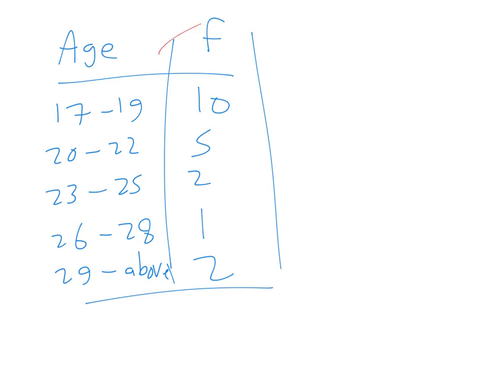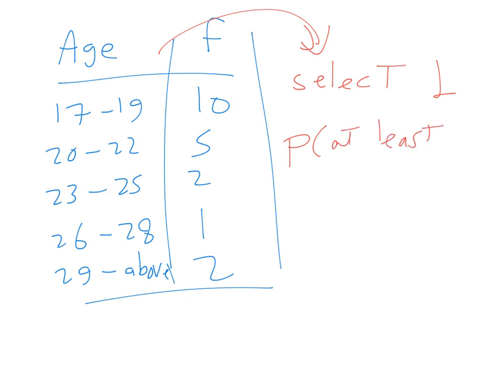Of course, we're selecting only one person, just one student from here. What is the probability that this student's age is at least 26? Remember, I told you at least and at most are very common. So at least 26 means really 26 and above. So 26 and above means in this category or in this category. That means these two categories together. These two categories together have how many outcomes?